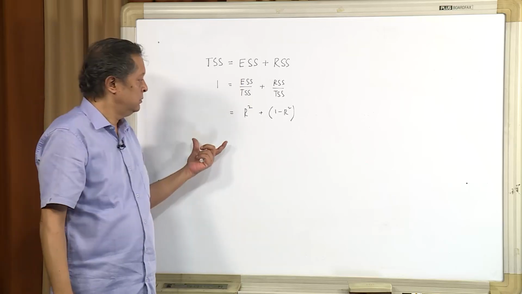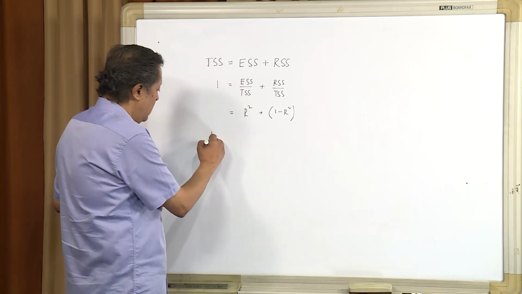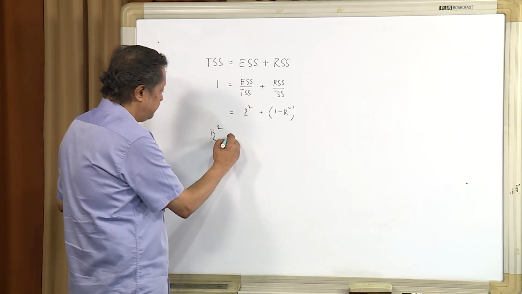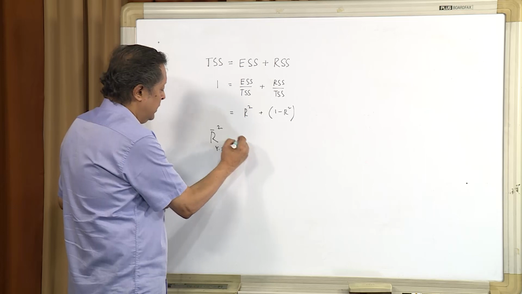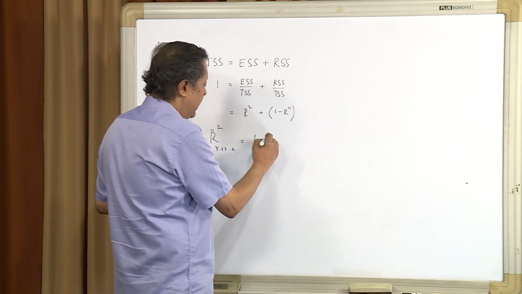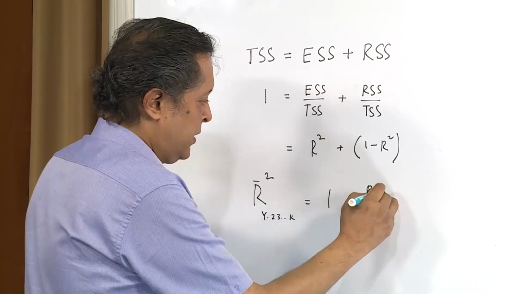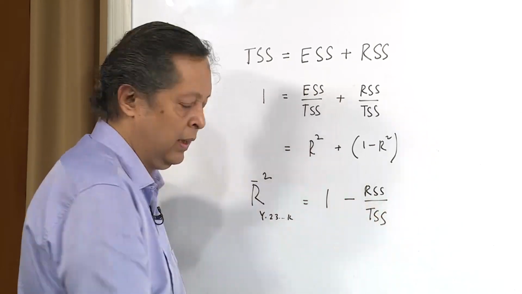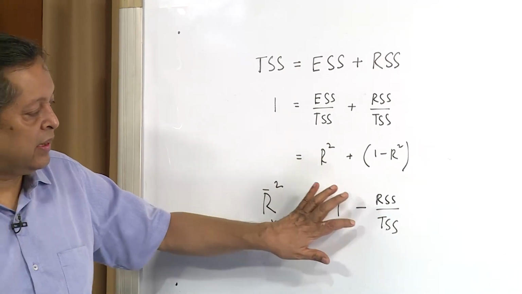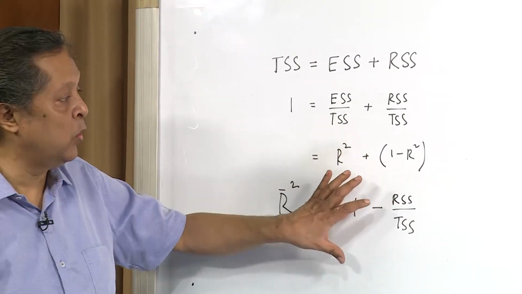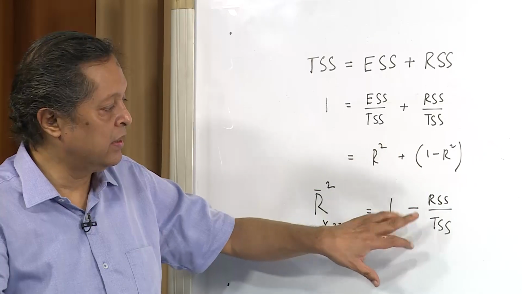So, as we were discussing, the adjusted R square, R bar square, is given as 1 minus RSS by TSS. Just note, till here it is 1 minus RSS by TSS, which is our familiar R square. 1 minus RSS by TSS is 1 minus R square. So, up to here we have R square.